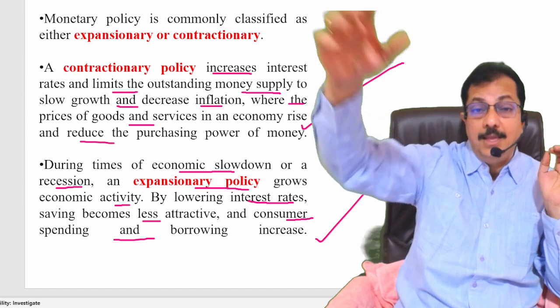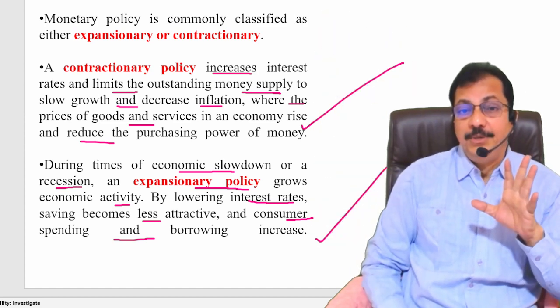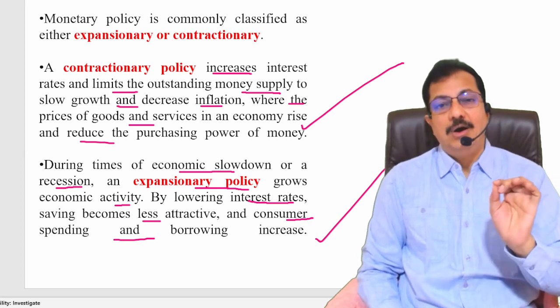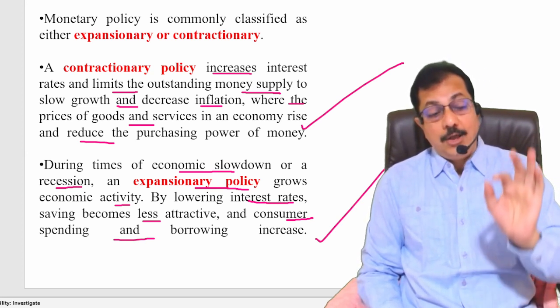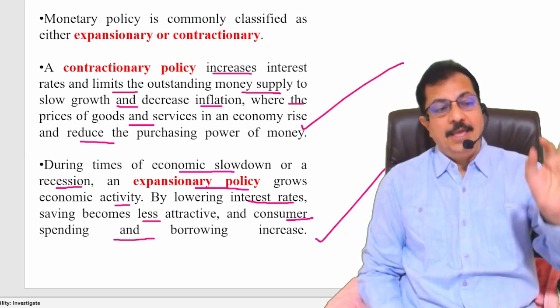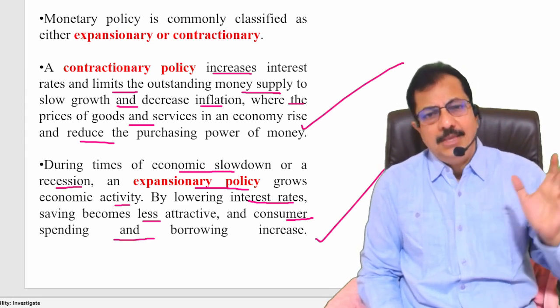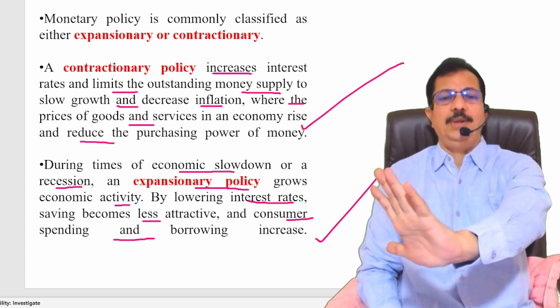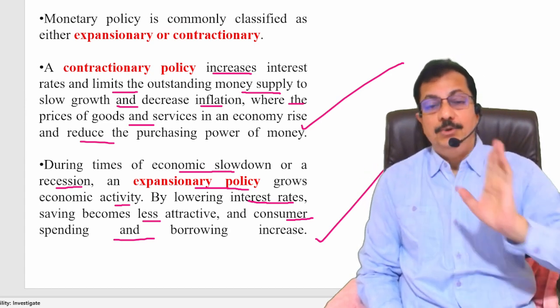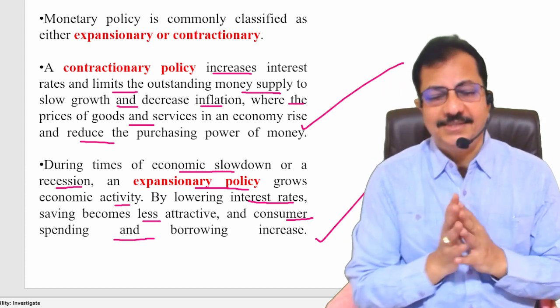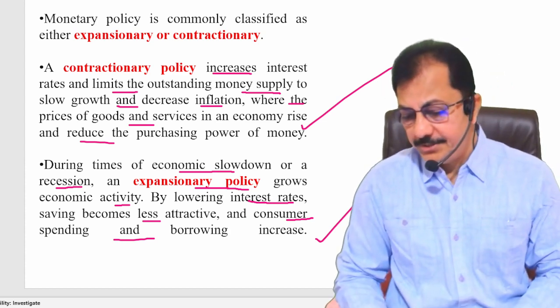Is that okay? And expansionary policies will be used when there is a recession, economic slowdown. Economy is slowing down. Economy is under recession because of the low money in the market. Then RBI has to pump in more money. That is possible only by reducing the interest rates. Am I clear, my dear friends?